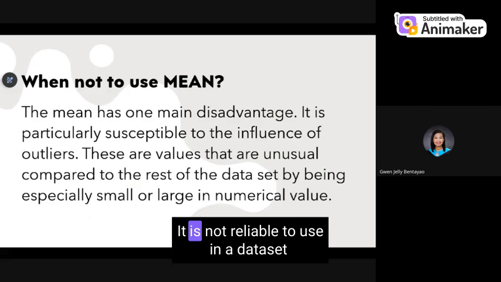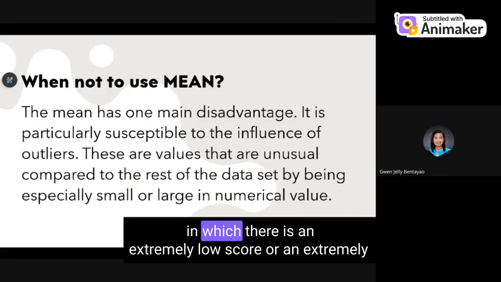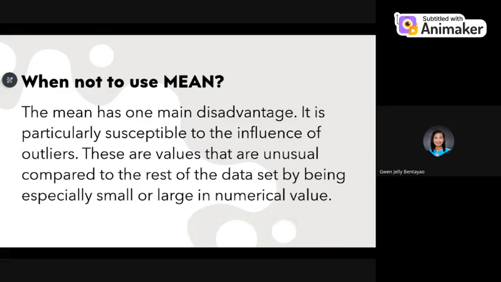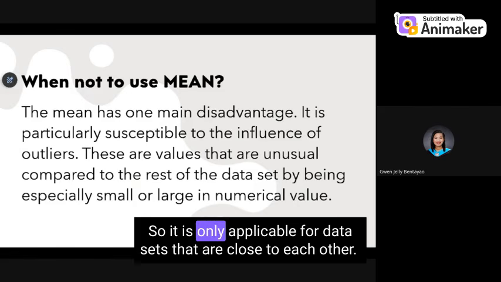It is not reliable to use in a data set in which there is an extremely low score or an extremely high score, because the mean talks about the average. So it is only applicable for data sets that are close to each other.